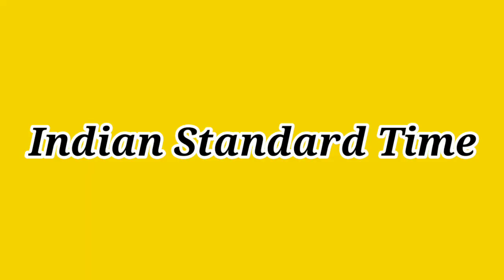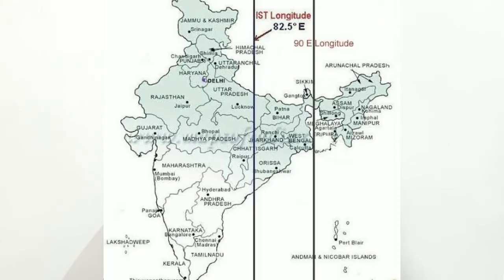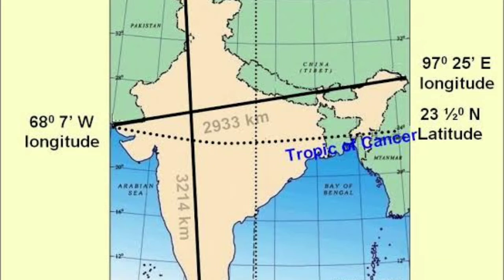Now we are going to study about Indian Standard Time. As we have discussed, there are 29 different meridians passing through India. So let me tell you, the stretch of India is from 68 degrees 7 minutes east meridian to 97 degrees 25 minutes east meridian.